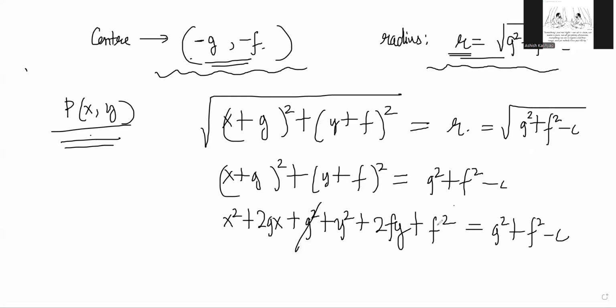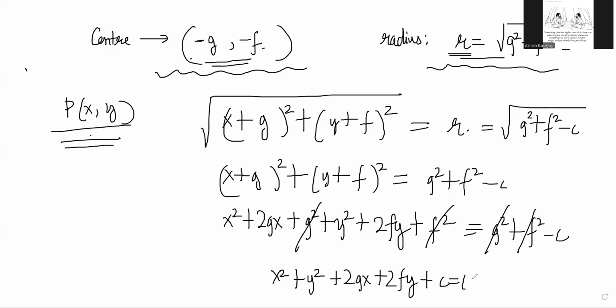G square, f square get cancelled, and you get x square plus y square plus 2gx plus 2fy plus c is 0. Basically, this equation means that the circle center is this, radius is this. That's what it means.